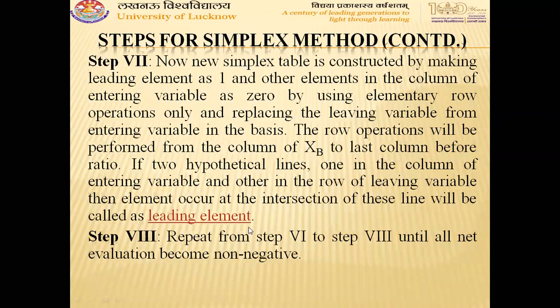In the next step, we construct a new simplex table by making the leading element 1 and all the other elements in the column of the entering variable 0. So what is the leading element?